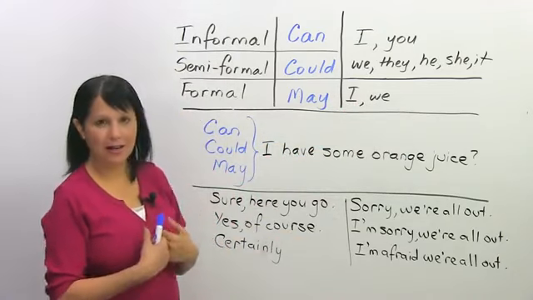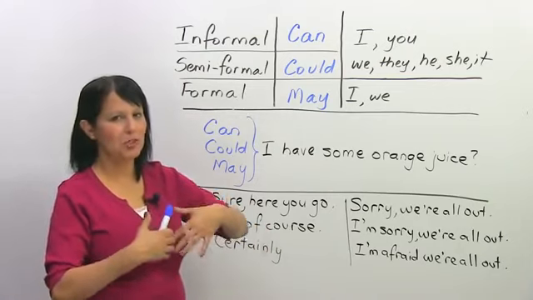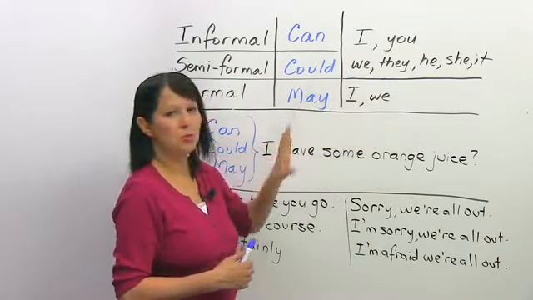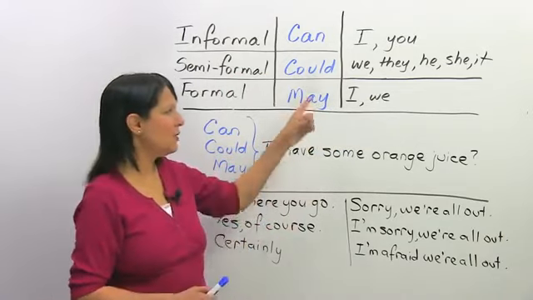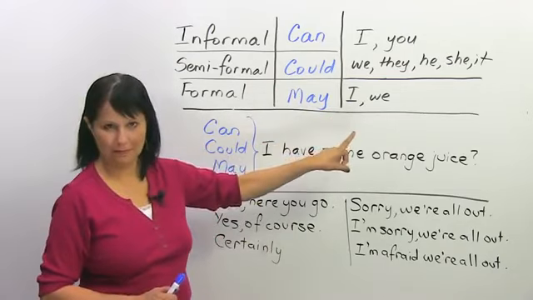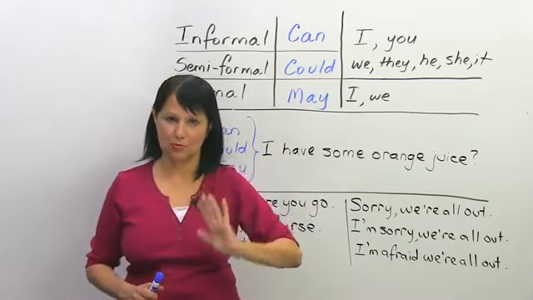May I do this, or may we? You can't really ask permission for somebody else so much. Sometimes you might hear it with 1 or 2 other pronouns, but these are the most common, so that's what you want to be able to use, so you can always be 100% right.